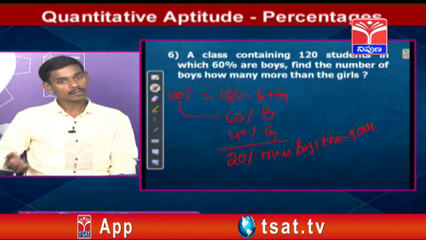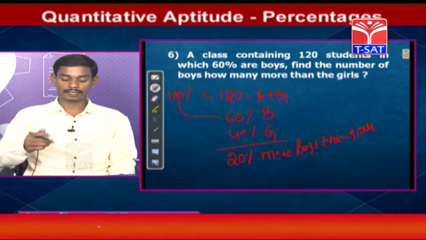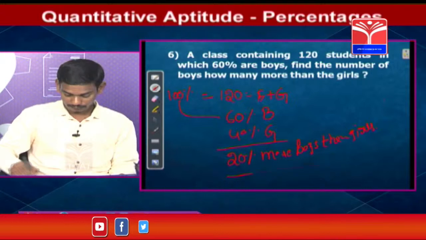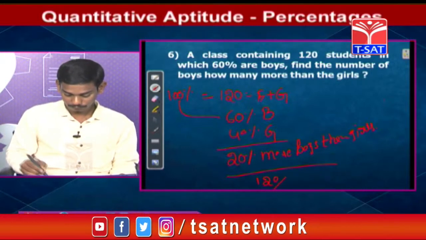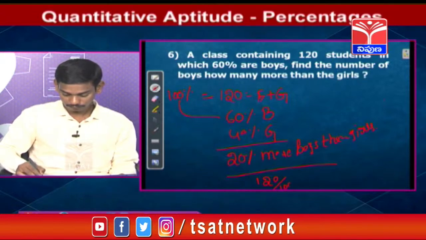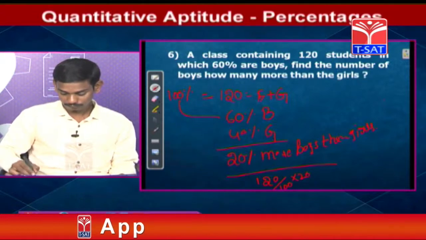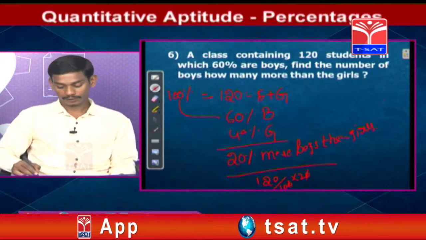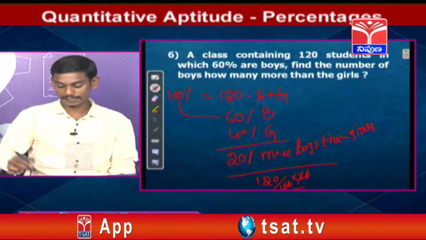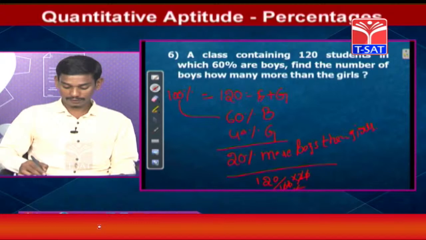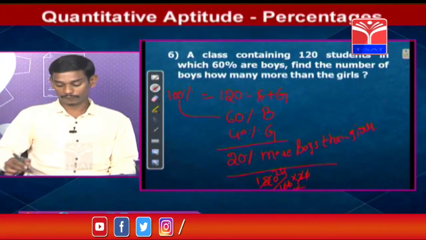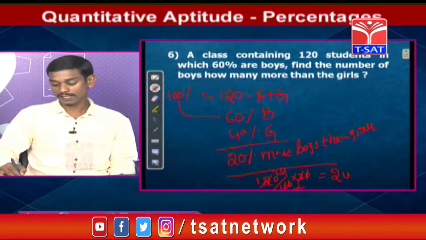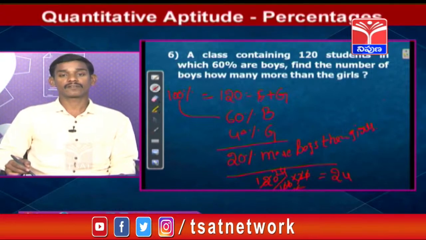So just find the 20% value in that 100%. Zero zero will cancel. 2 1 ja, 2 5 ja, 5 1 ja, 5 2 ja 10, and 2 0 is there, 24. So 24 boys are more than girls.